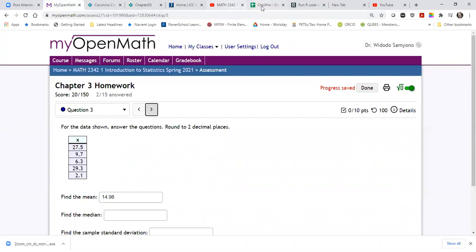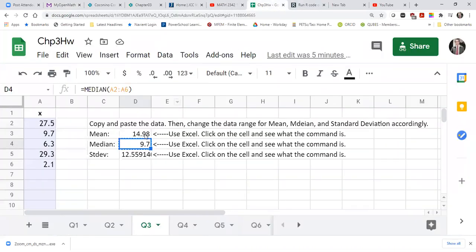And using the Excel command to find the mean, it is equal average and then put the data range from A2 to A6, right? Okay, you can enter. Yeah, it will calculate.